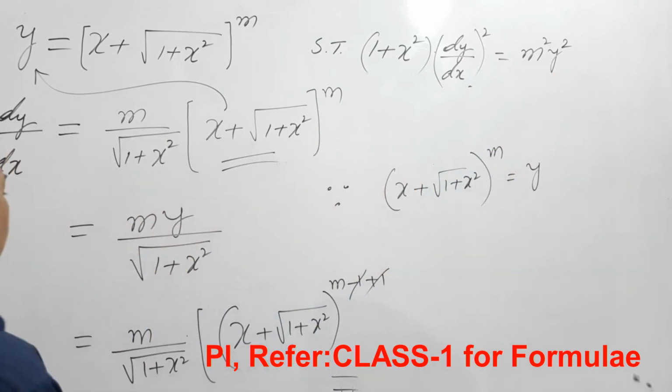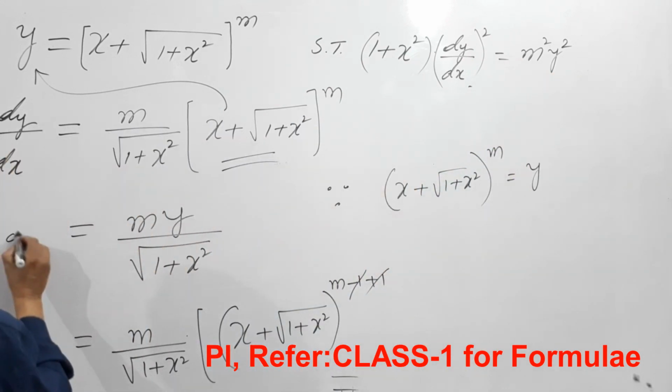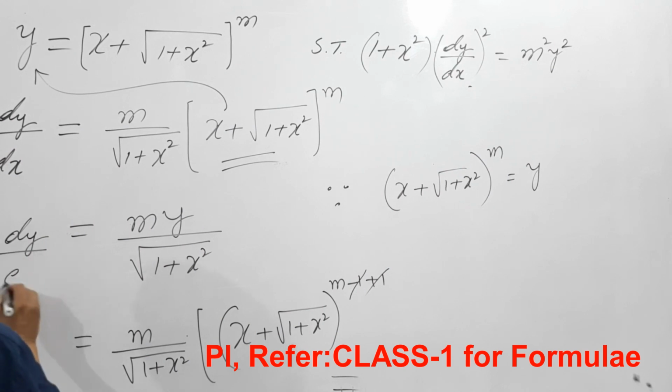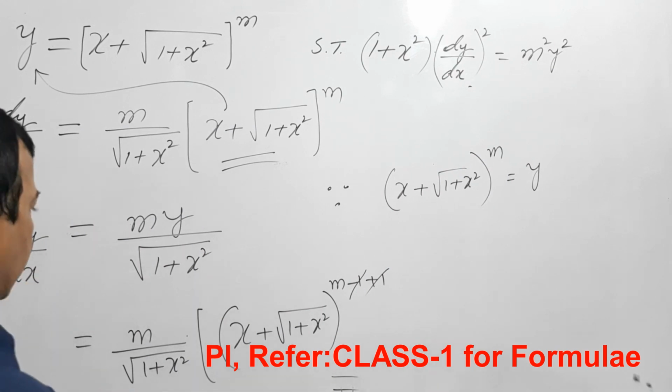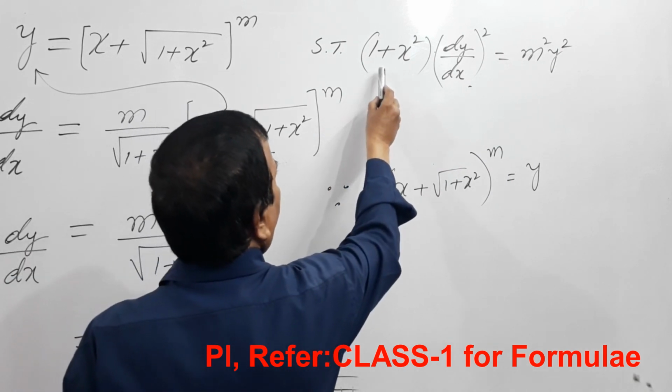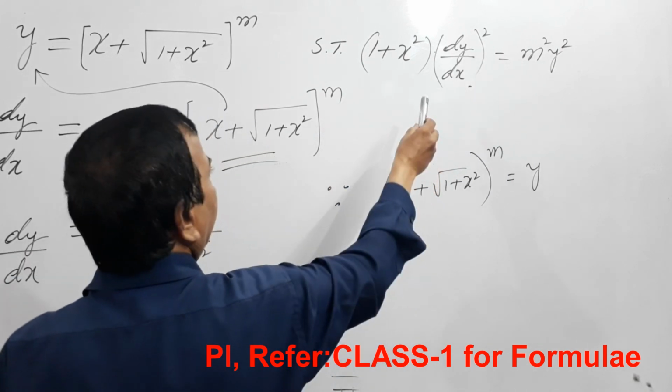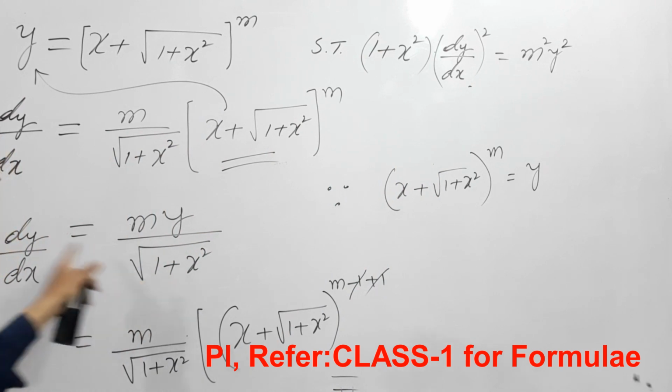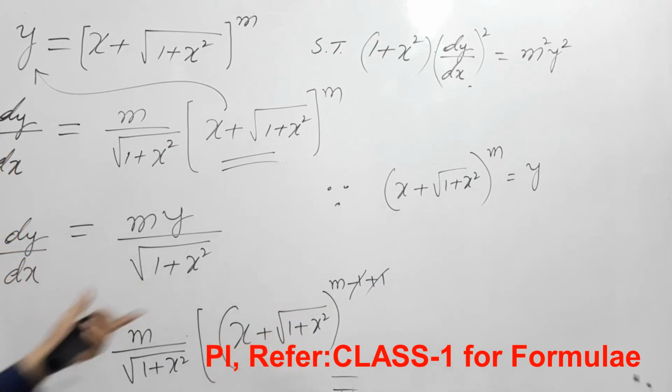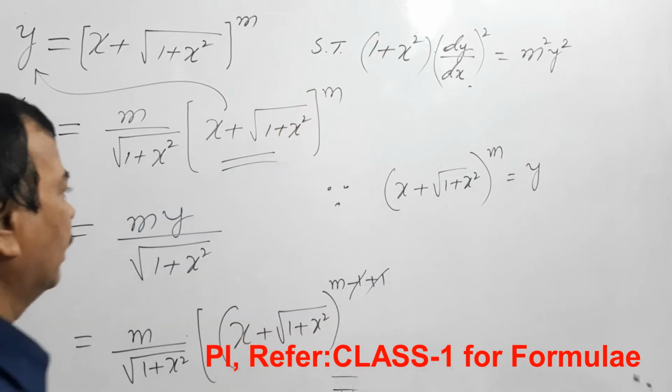So we have already got this. What is on the left hand side? We have got dy by dx. What he wants is 1 plus x square into dy by dx a whole square. So I'll cross multiply and square both sides. You get the answer. Simple.